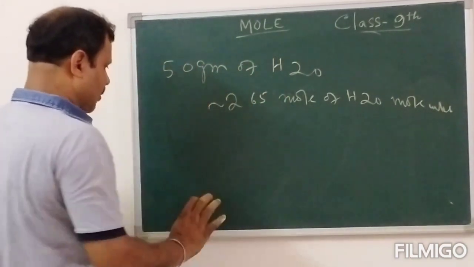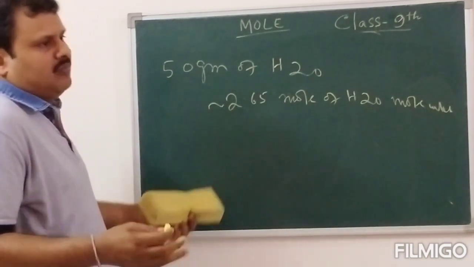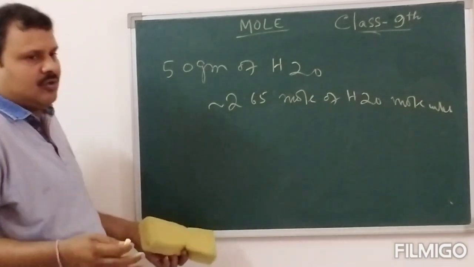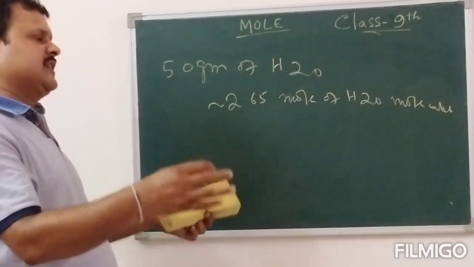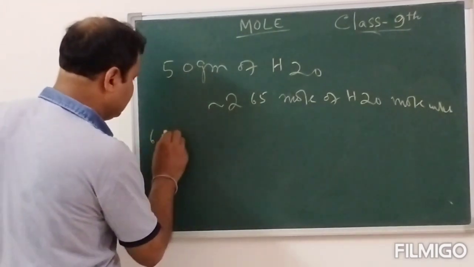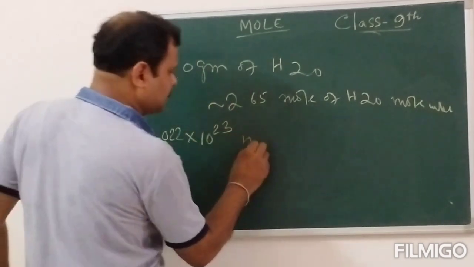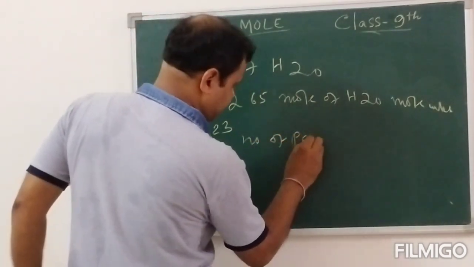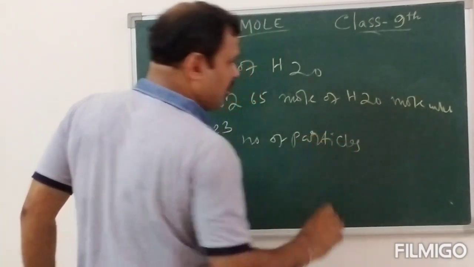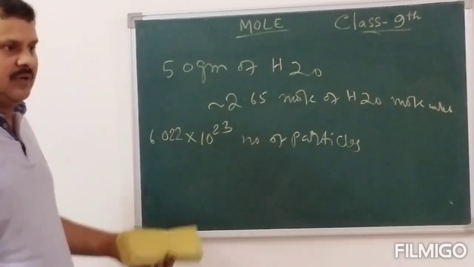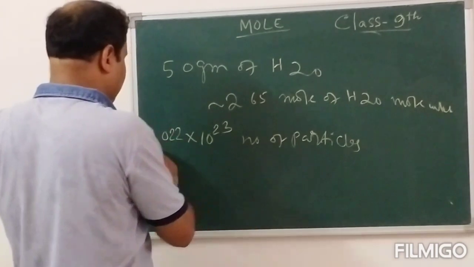Now we know that 1 mole, whether it is 1 mole of banana, 1 mole of orange, 1 mole of molecules, or 1 mole of atoms, mole is nothing but the Avogadro number, 6.022 into 10 to the power 23 particles. It is nothing but a group, a batch of particles, like a flock, sometimes you say like this. So it's a group of numbers.